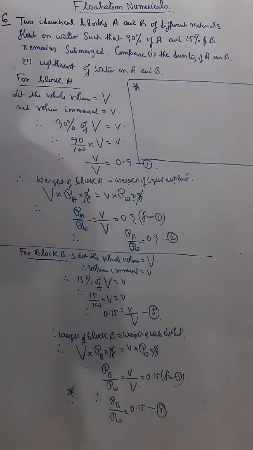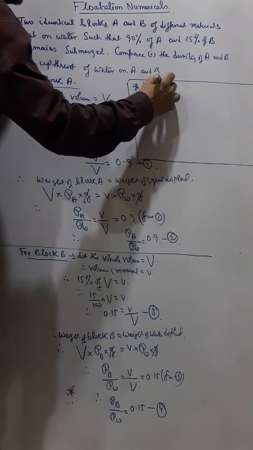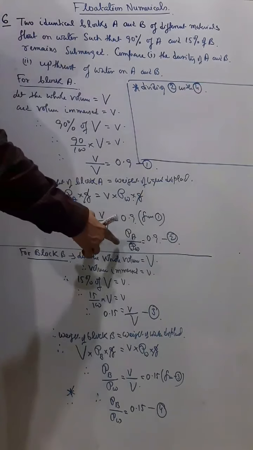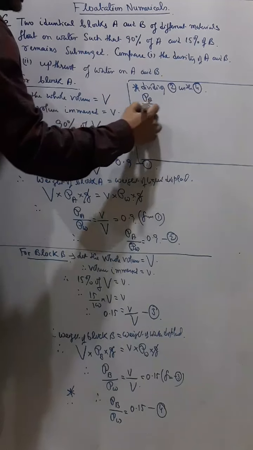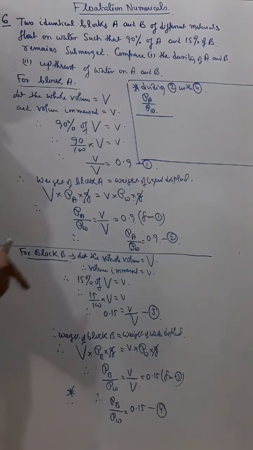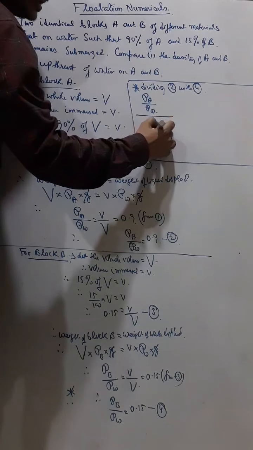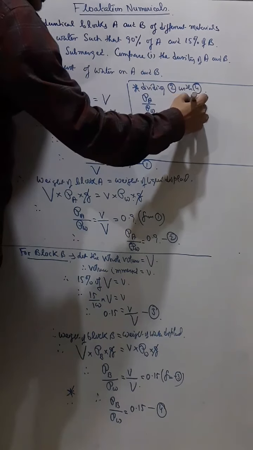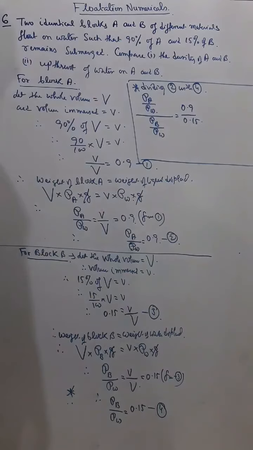Now I can say dividing 2 with 4. So number 2 is density of A by density of water, and 4 is density of B by density of water, that is 0.9 and 0.15.